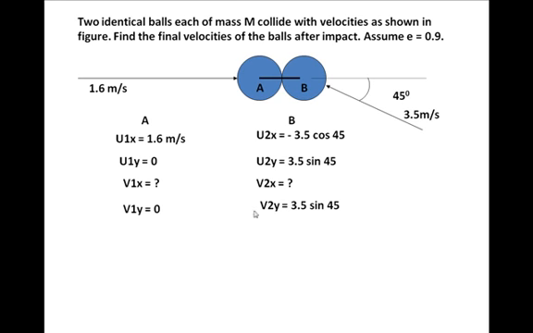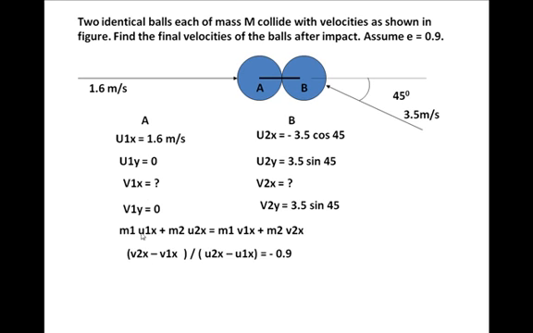So, having understood this information, let's solve for v1x and v2x by writing our equations, wherein you will note that both these equations are written in the x direction only, because the impact is in the x direction.